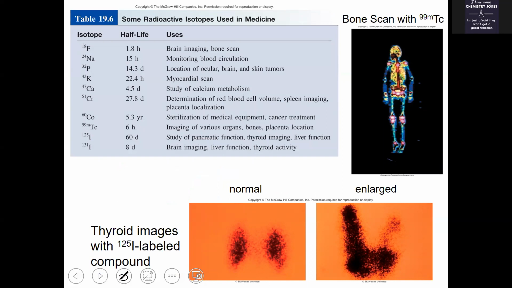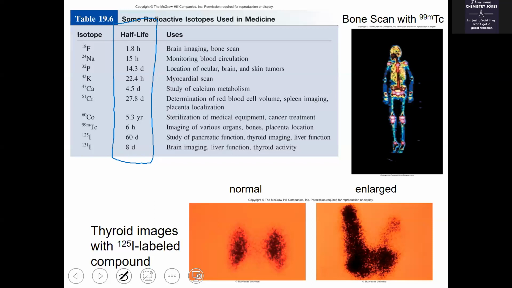Why are we talking about it now when we're talking about kinetics? Well, if you notice from this column of your textbook table, it tells you about the half-life. All nuclear reactions are first order decay. And so we can talk about how long a medical dosage of something, especially for imaging, remains in someone's system by calculating the half-life.